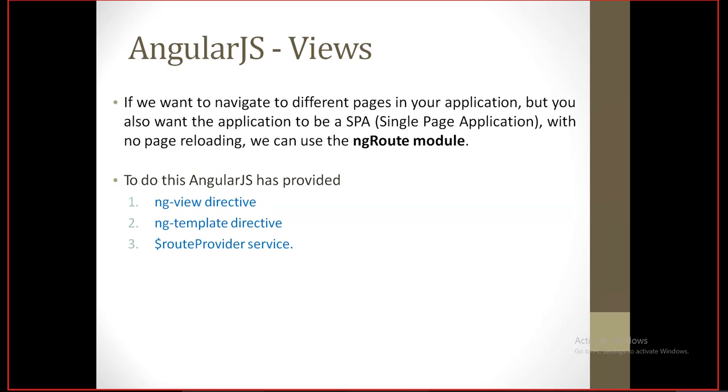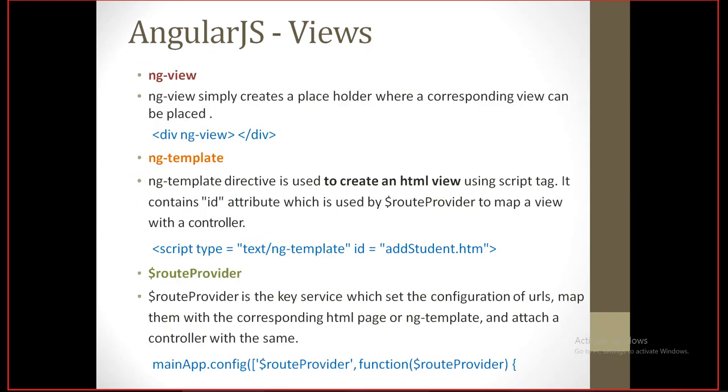Generally, it is used to map which view should be attached with which controller. So we'll see an example regarding that, and we'll see the demo. Okay, firstly, let us understand each of these components, the ng-view, ng-template, and the $routeProvider service.